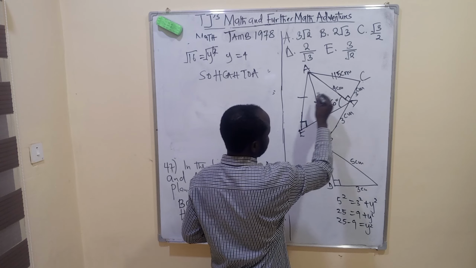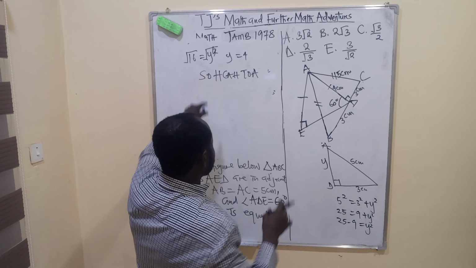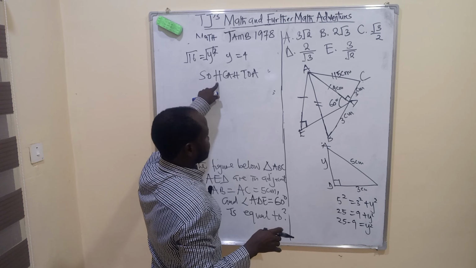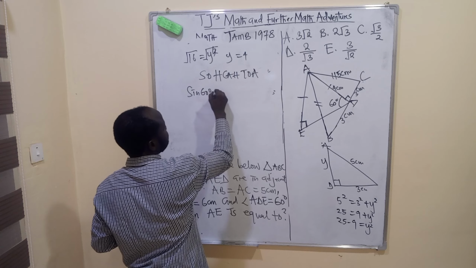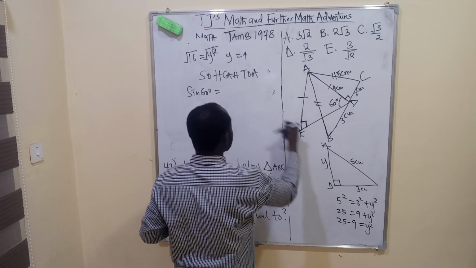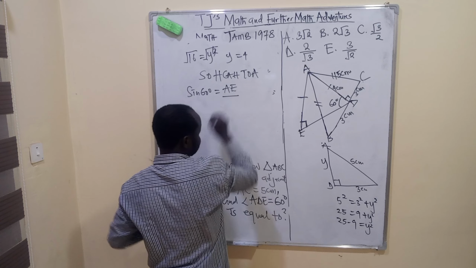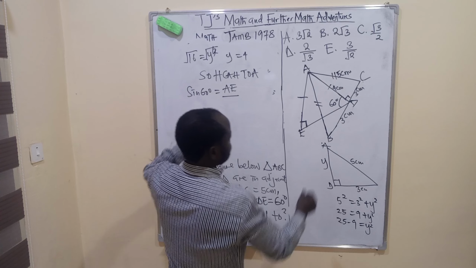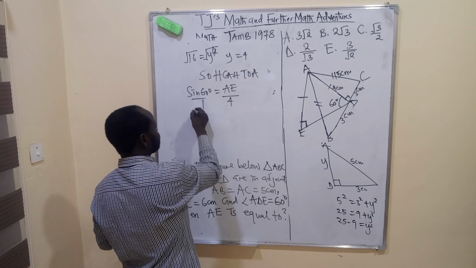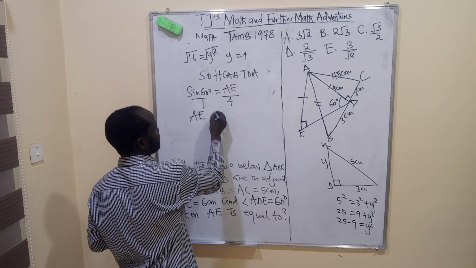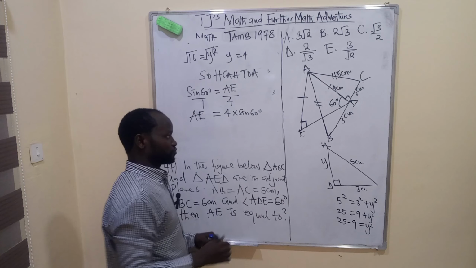Opposite and hypotenuse is sine. So we have sine 60 degrees equals the opposite, which is what we are looking for, length AE, divided by the hypotenuse, which is 4. We can cross multiply here. Length AE will be 4 times sine 60 degrees. What will be sine 60 degrees?